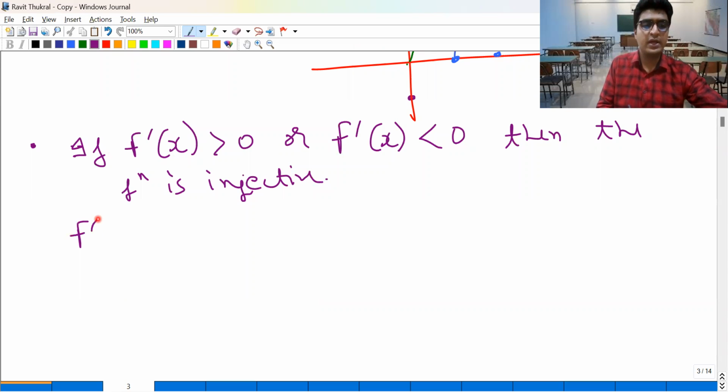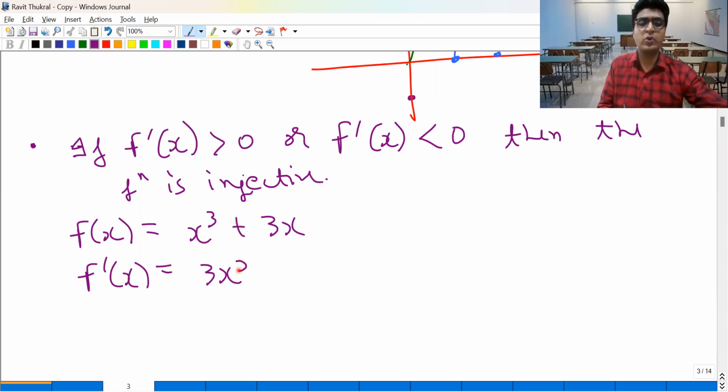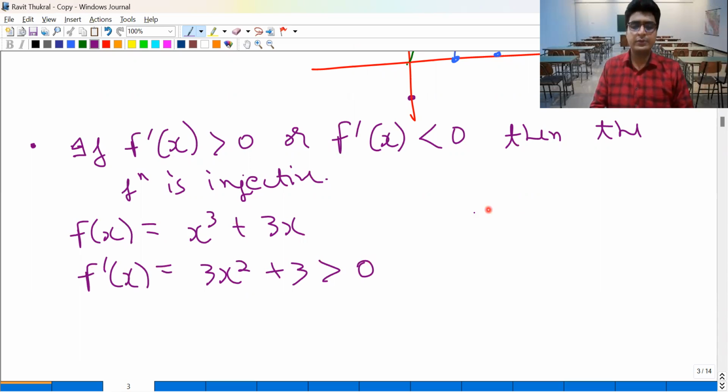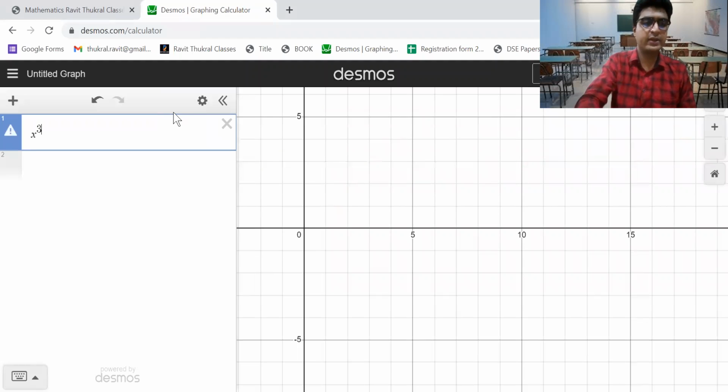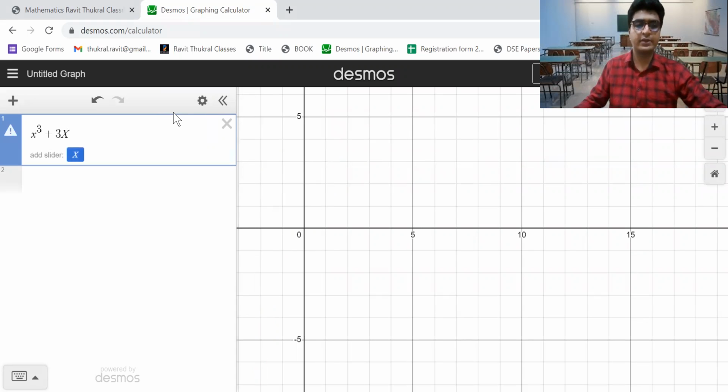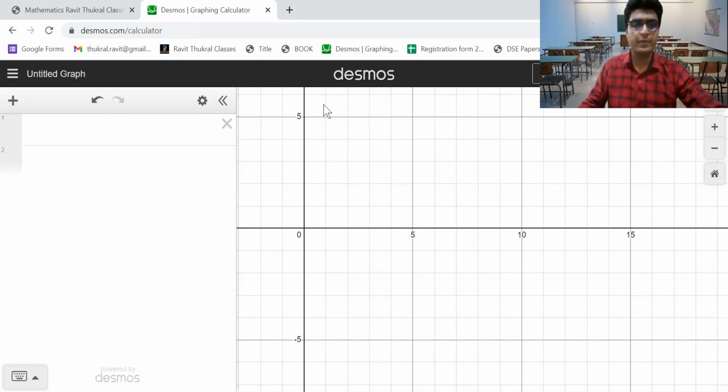Let's take an example. If f(x) is equal to x cube plus 3x, you can find f dash x, which turns out to be 3x square plus 3, which is obviously strictly positive. Let's see how this function looks.